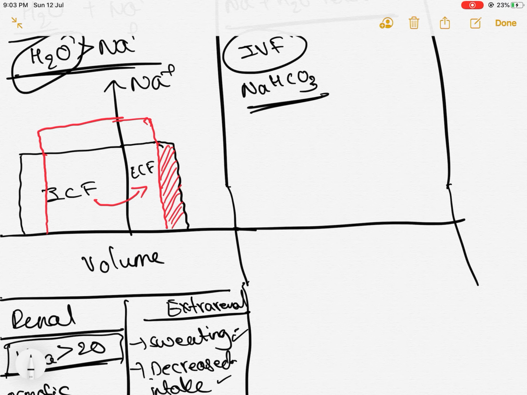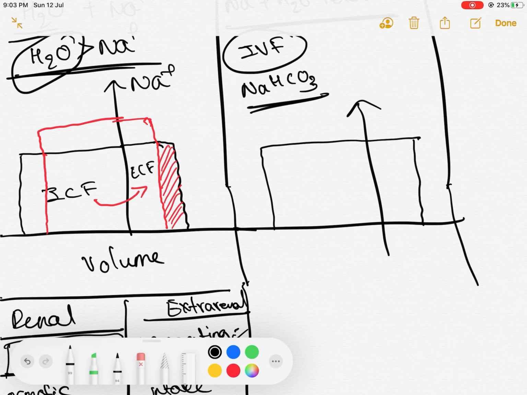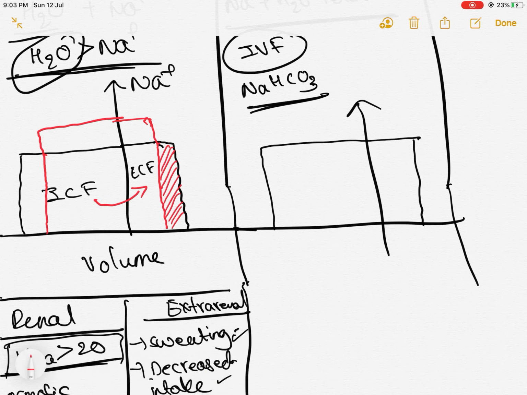So if you see this diagram again, in hypervolemic, what has happened is that the extracellular fluid volume has increased because of administration of extra amount of fluid. Along with that, the fluid always contains sodium, so sodium also increases. So as a result, this becomes hypertonic. When it becomes hypertonic, intracellular fluid shifts to extracellular.